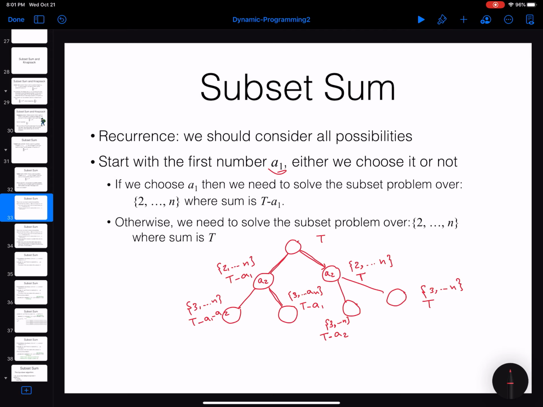If I actually expand this tree completely, you will see that this is going to be the complete search that I need to do. There are a couple of things about this idea. Unlike the interval scheduling, where I could sort the jobs based on, for example, the starting time, and after some time you are discarding all the jobs starting before that time, here I cannot discard the items.